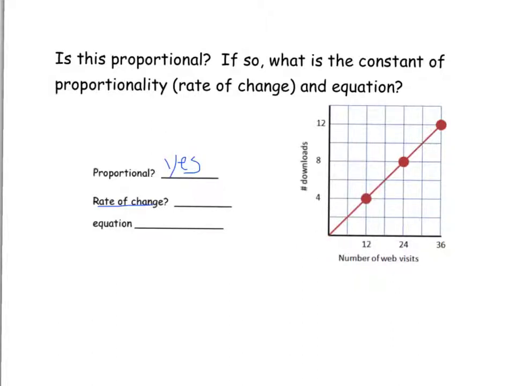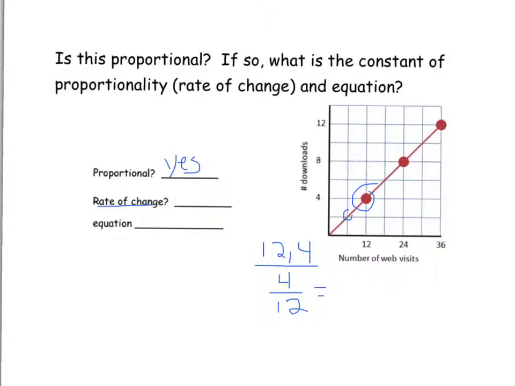The rate of change is not as easy to see on this one, so I'm going to choose an ordered pair. So right here we have 12, 4. That's my ordered pair, and I'm going to find my unit rate. So it was 4 downloads for every 12 websites.